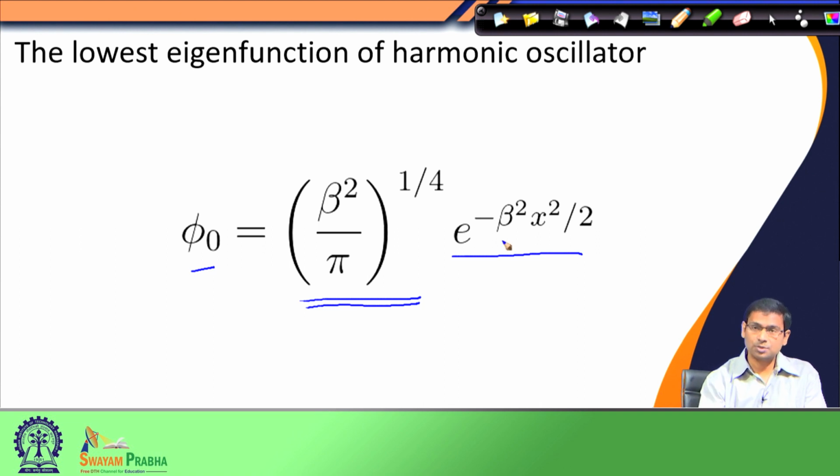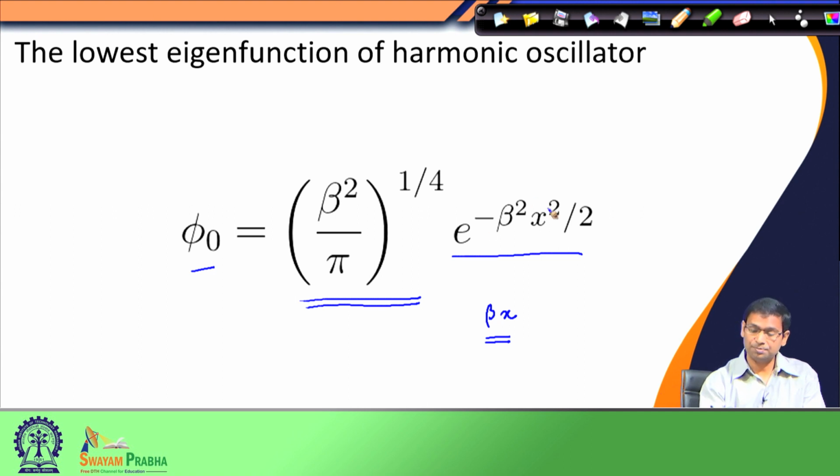If you notice one thing, the exponent of the exponential function has beta square x square. If you find the dimension of beta, you will find that it has the dimension of length inverse. So, if beta is length inverse and I multiply x with it, then this quantity becomes dimensionless.